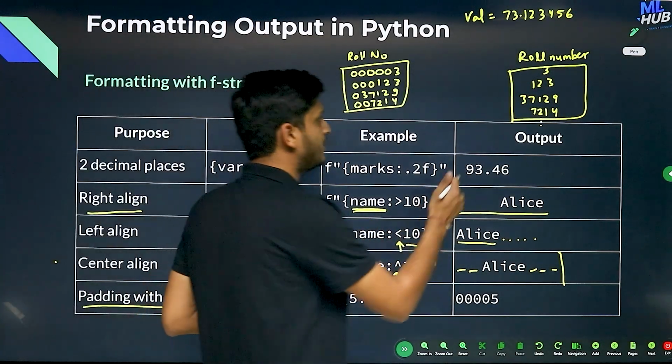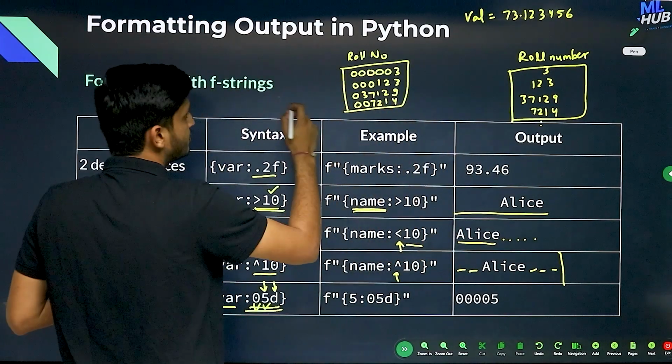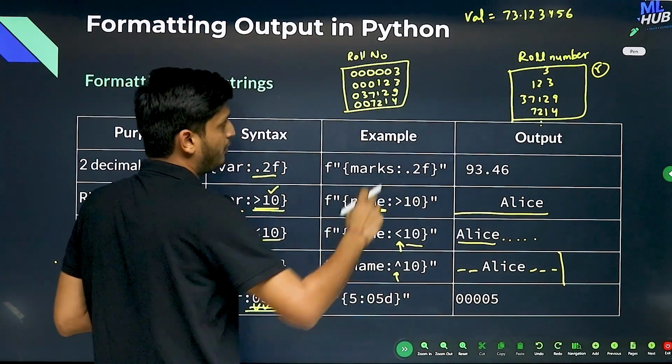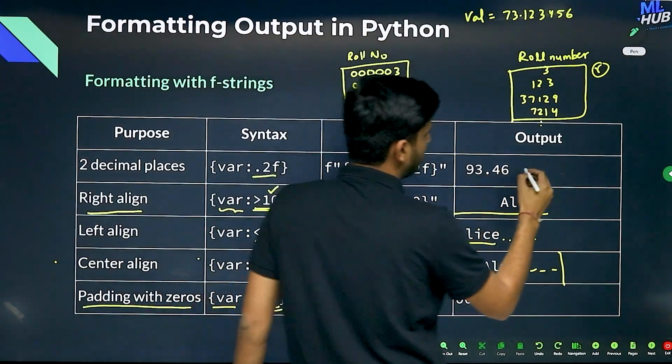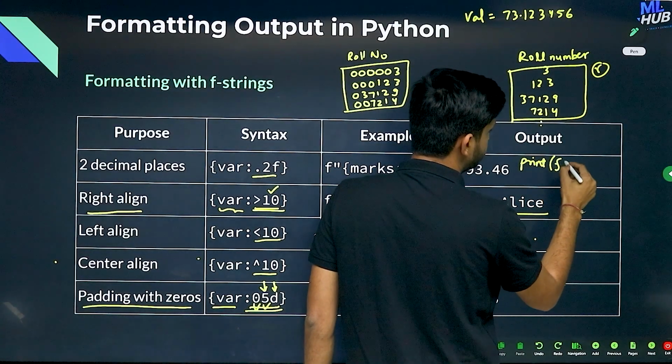It's a complicated syntax, but if you have to print roll numbers like this, what will you do? Let us say the variable name is R, in which the roll numbers are stored, and I want to print these roll numbers in this format. So I will just say print, formatted string.